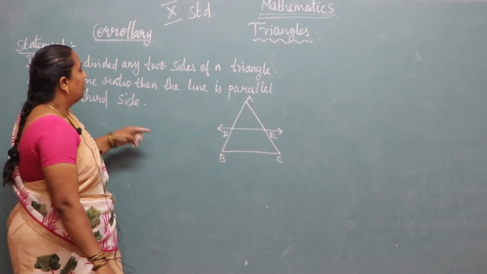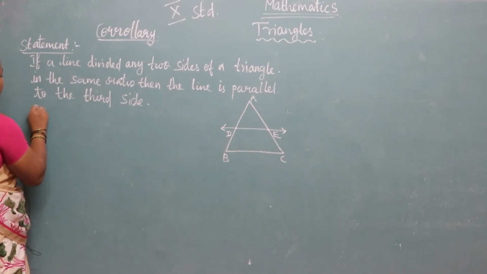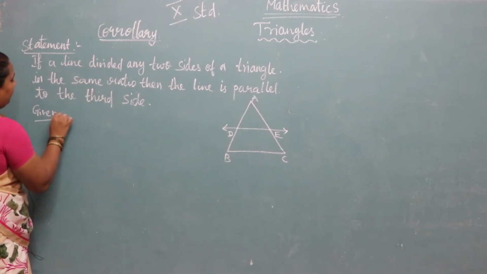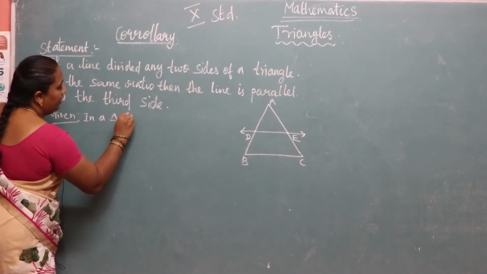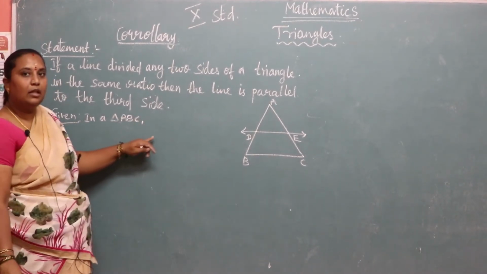Okay, so given, what is given in a triangle ABC? ABC is given.